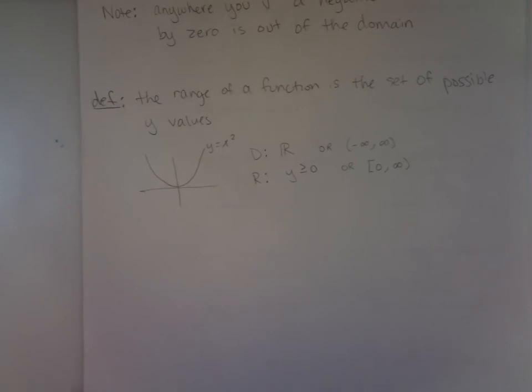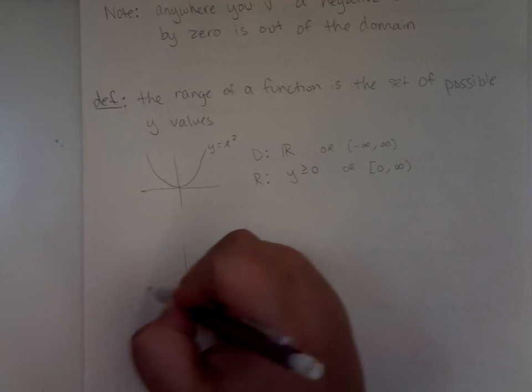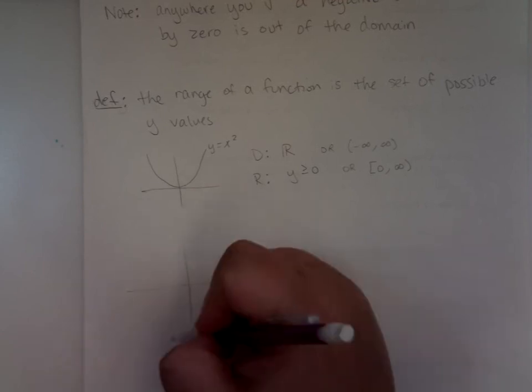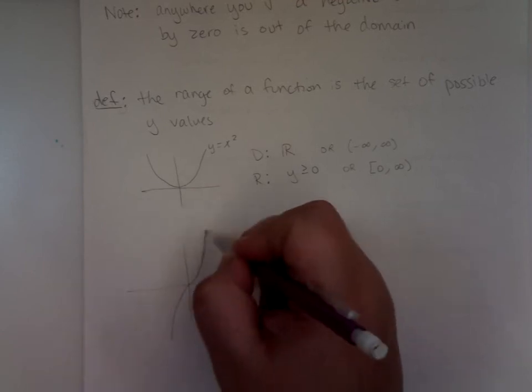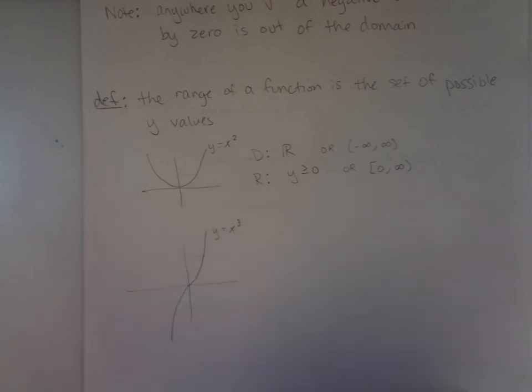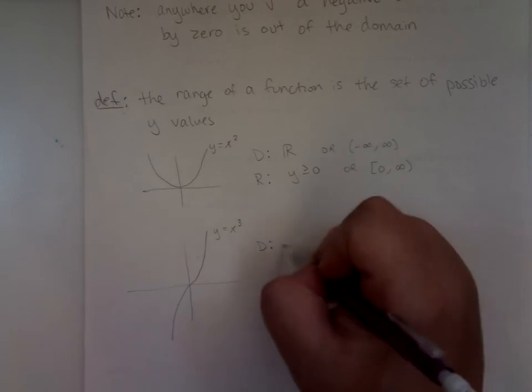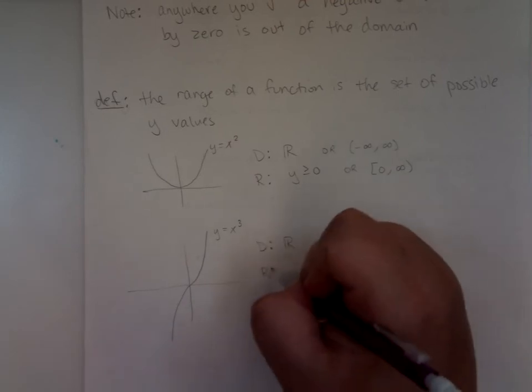For something like the cube root of x, the y equals x cubed, the domain is all real numbers, and the range is also all real numbers.